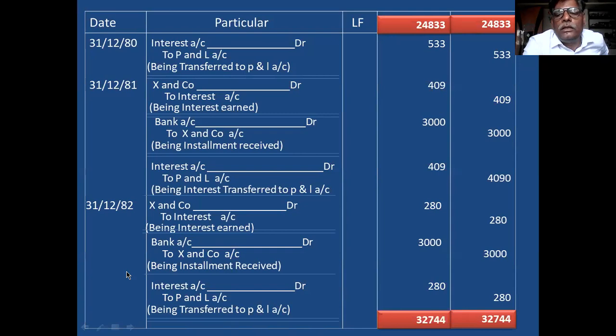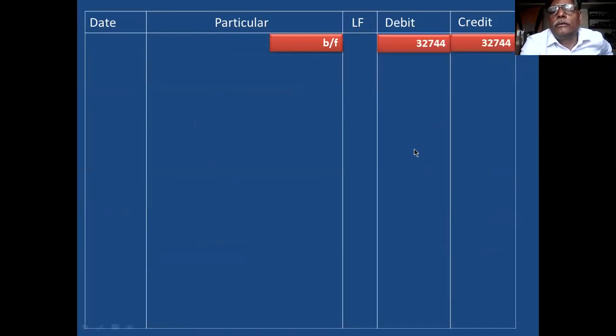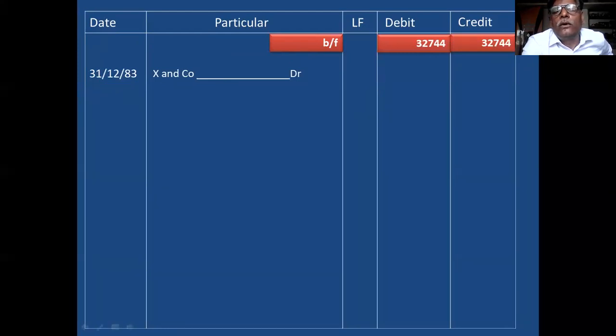1982 is completed. You take the total and carry it to the next page. On the next page, write the date, particulars, LF, debit and credit. Then you record the balance brought forward, the previous page total. Then the last year, date 31st December 1983. First entry for interest: increase in asset, increase in income.